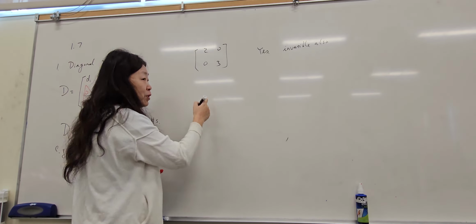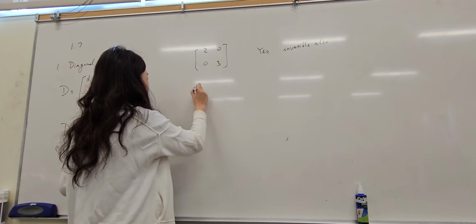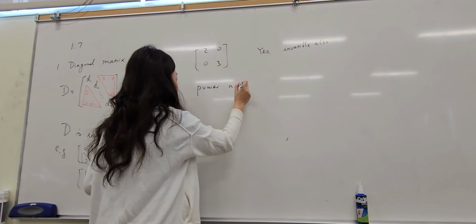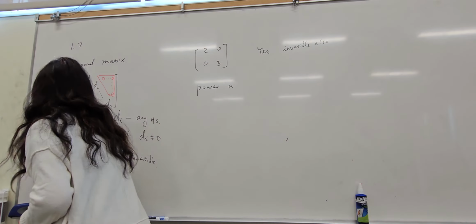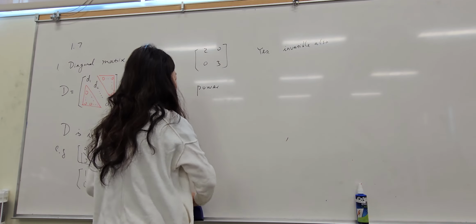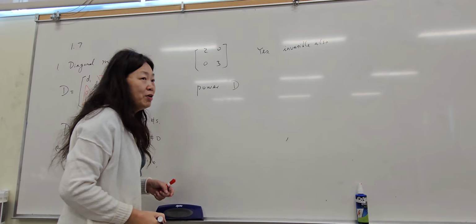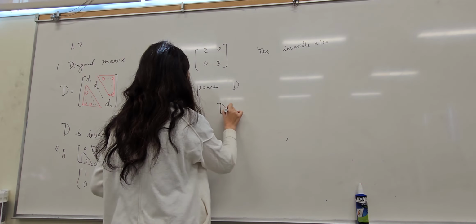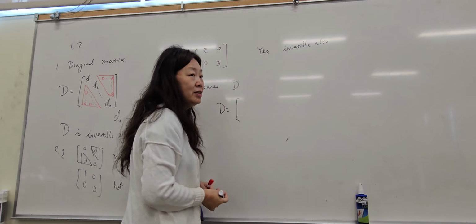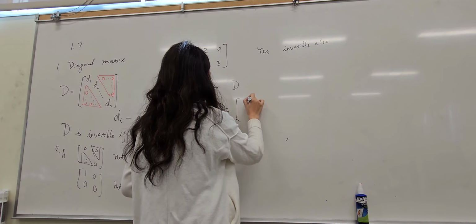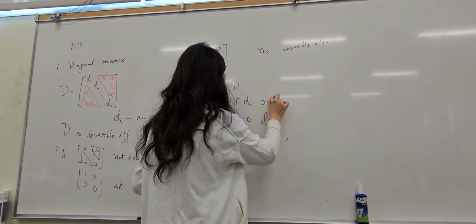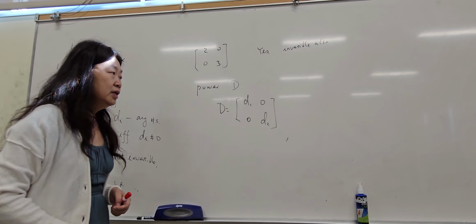First of all, when you take a power of a diagonal matrix, let's say D is equal to, I'll make it easier, a 2 by 2 matrix with D1 and D2.